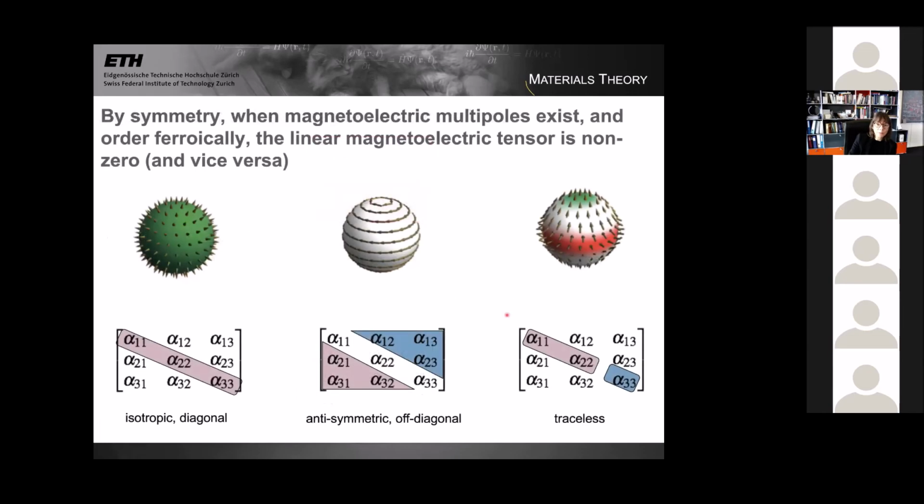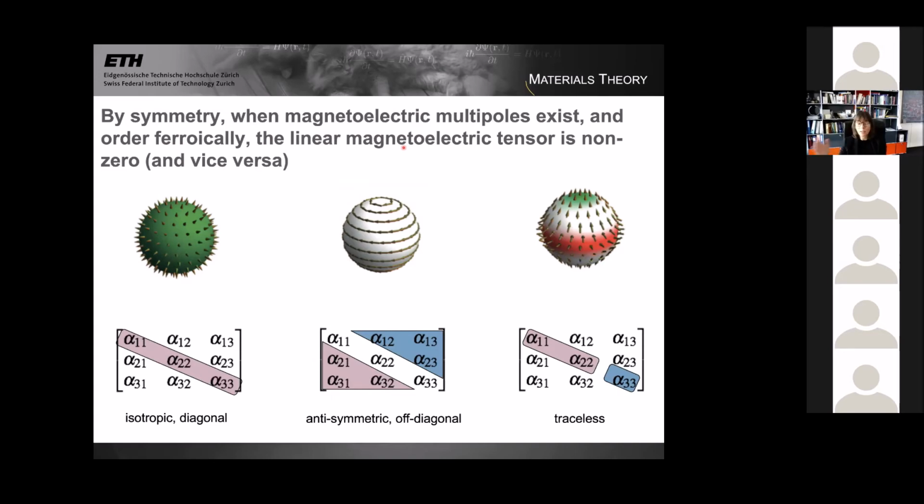And it turns out that one can show by symmetry that when the magnetoelectric multipoles exist in a material, and they order ferroically, so I have to have the magnetoelectric multipoles on all of the atoms having the same sign, then the linear magnetoelectric tensor is non-zero and vice versa.